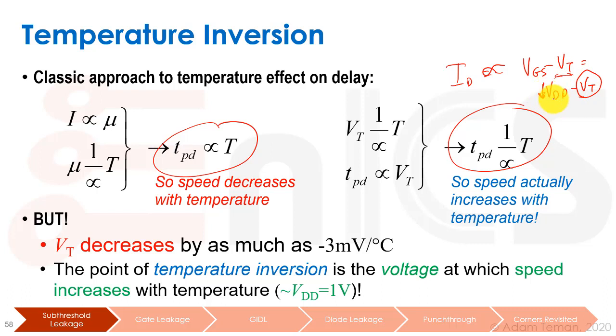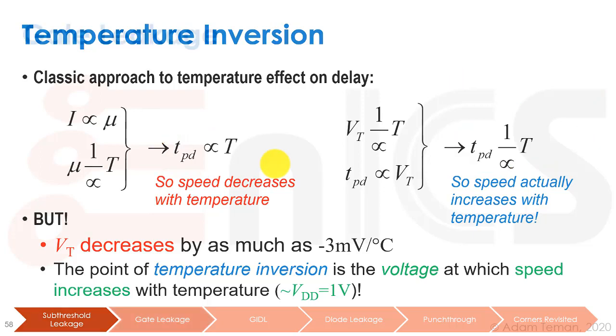So when we changed our supply rails, and when they were very high at 5 volts or whatever, this part was negligible, and this completely dominated. But as we went down and we got around 1 volt, this actually becomes dominant over this. That's called the temperature inversion point. And when we're at the temperature inversion point, we have to use a high temperature for fast corners, and a low temperature for slow corners.